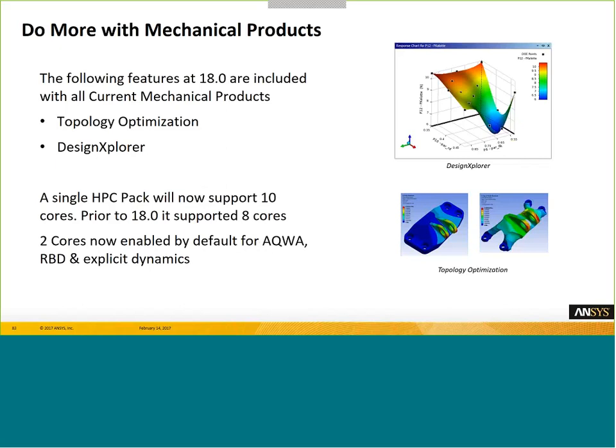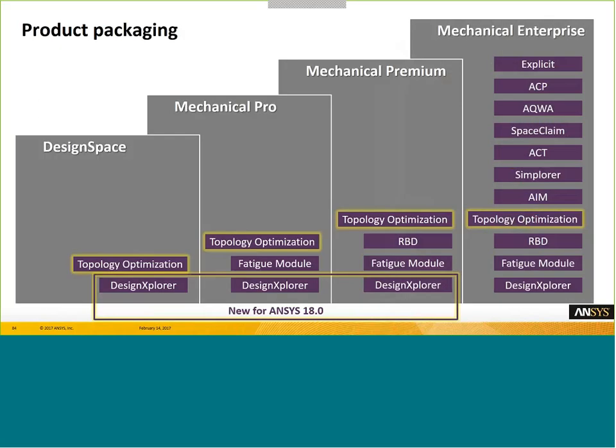So now rather than 8 cores, a HPC pack will give you access to 10 cores. And also by default, we now enable 2 cores for both Aqua, the RBD solver, rigid body dynamics, and explicit dynamics within mechanical. So just to give you a look at the packaging, you'll see the changes highlighted there in yellow.